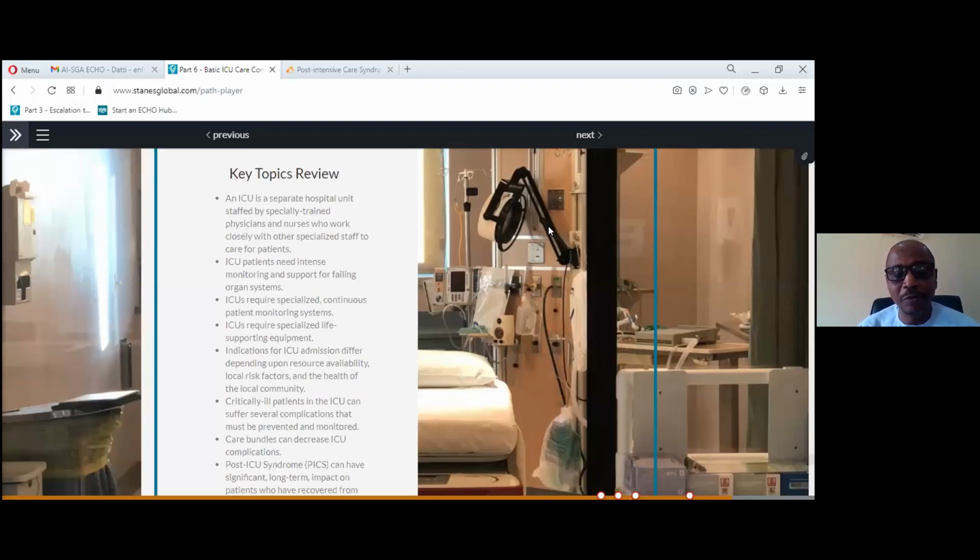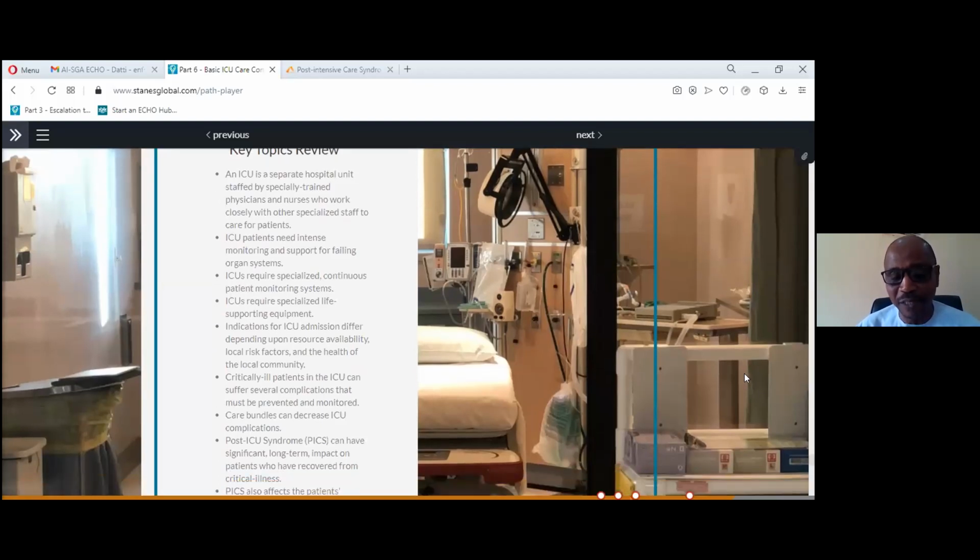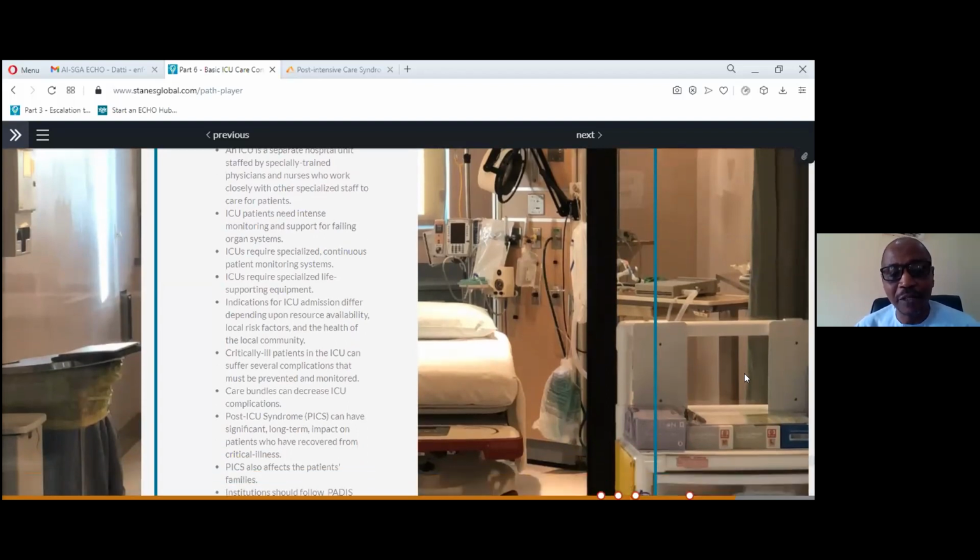And then we need to also be aware of the indications for ICU admission and the differences depending upon resource availability. This is very important. And then critically ill patients in the ICU can suffer several complications that must be prevented and monitored. And you have care bundles that can decrease ICU complications. You just choose the bundles that will work for your environment.